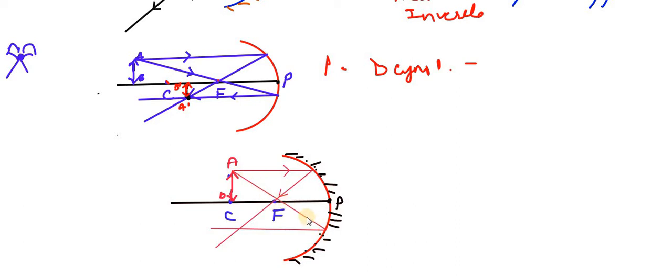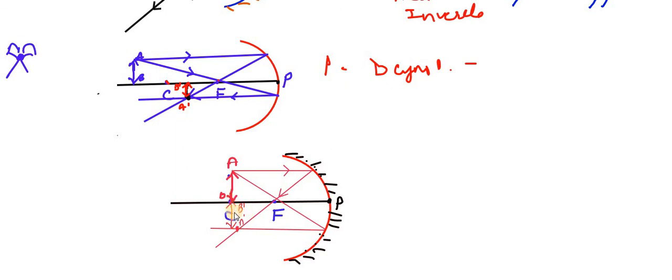While reflecting back, it will move parallel to the principal axis. So therefore the image is formed at this point. This point is very close to C, but when you draw using a perfect scale, you'll get exact points. So this is B dash and A dash.